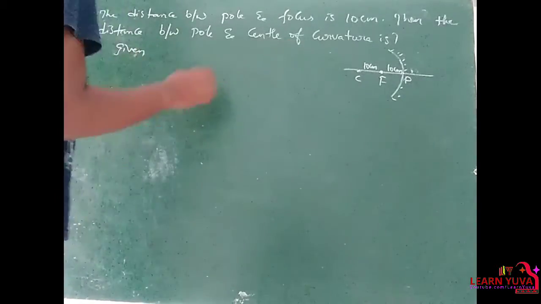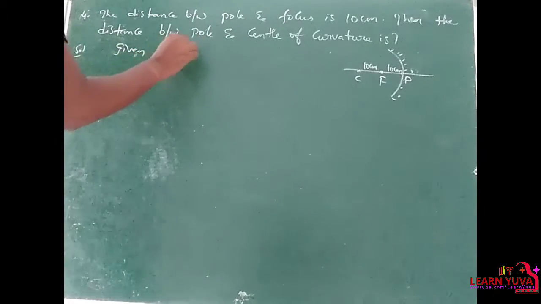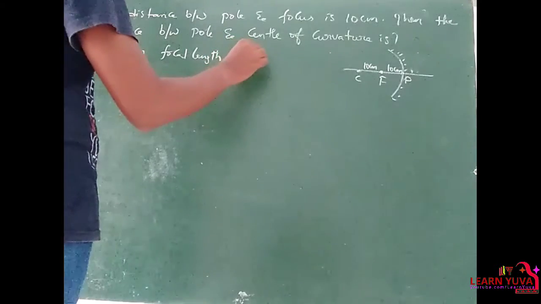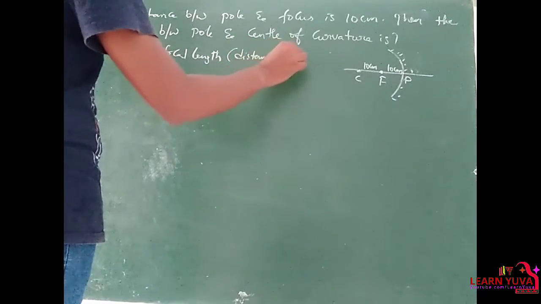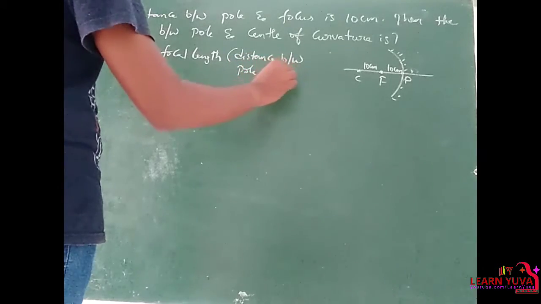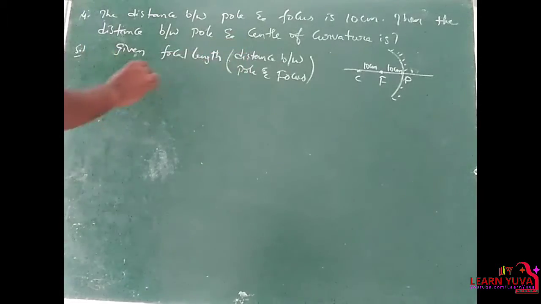Given that the distance between pole and focus is the focal length, the focal length is 10 centimeters.